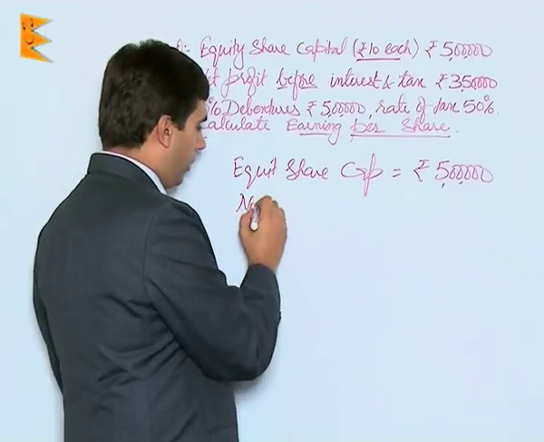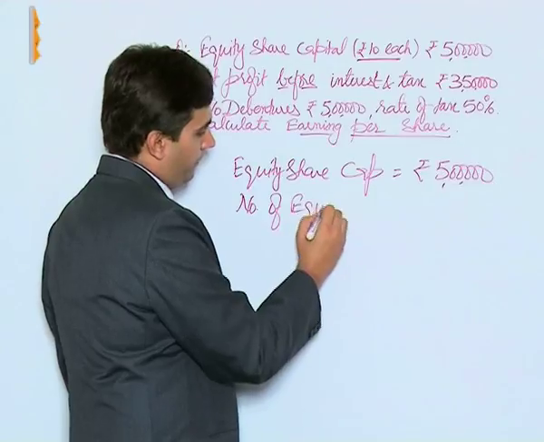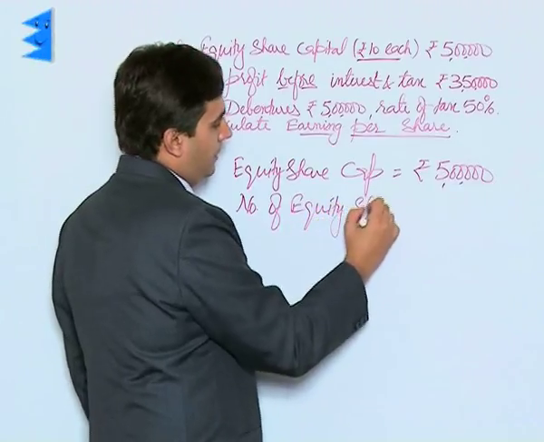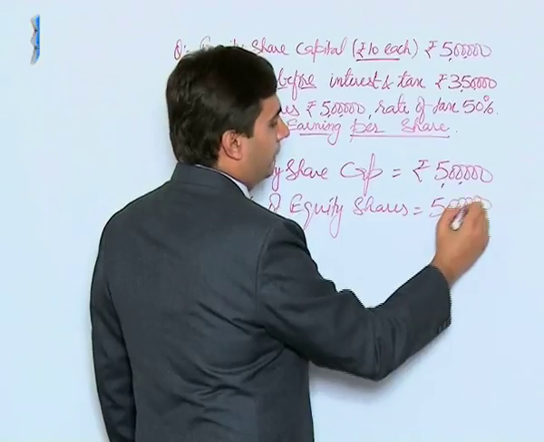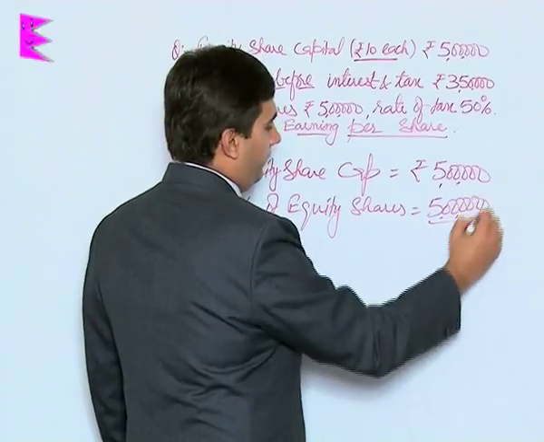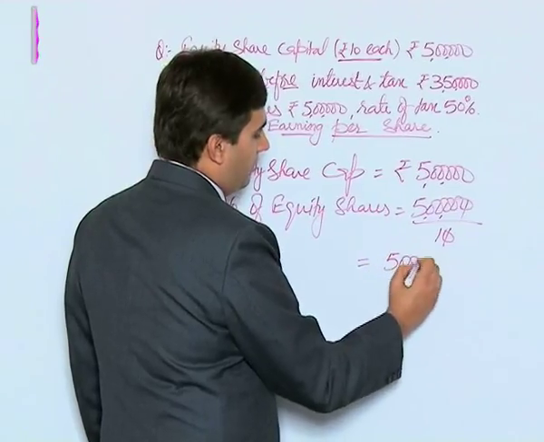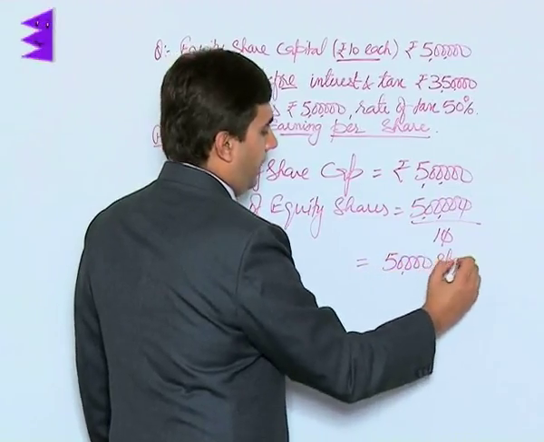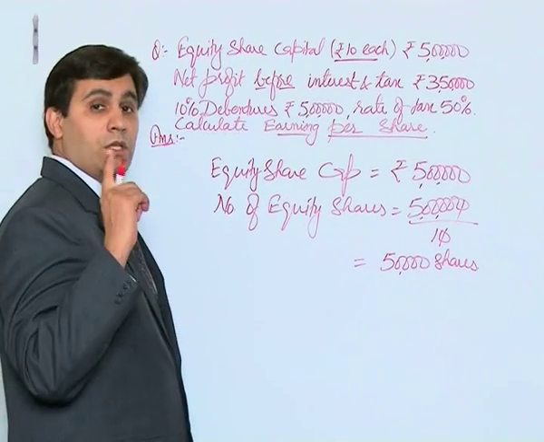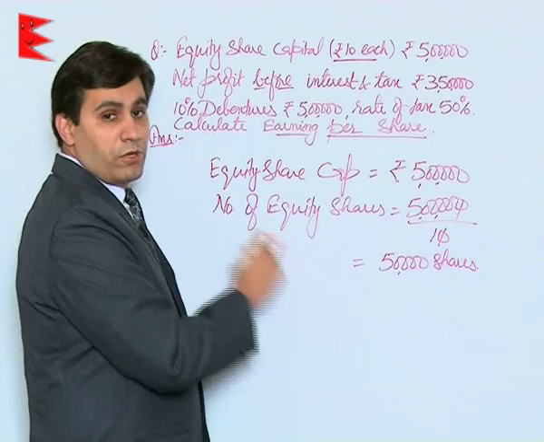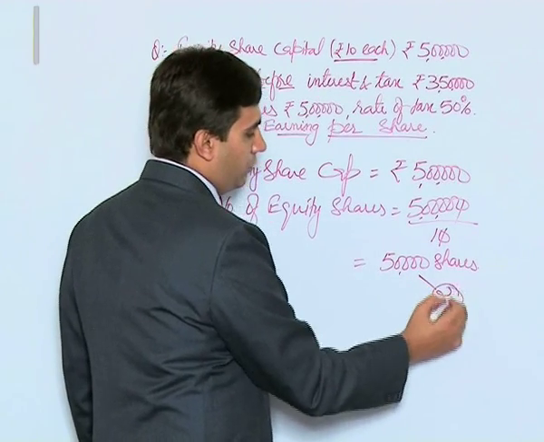So number of equity shares is equal to 5 lakh divided by 10, which is 50,000 shares. So now we have number of shares as well. We have both the components, number of shares, that is 50,000. I will mark it as figure number 2.